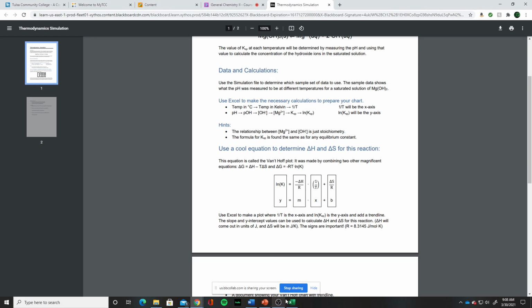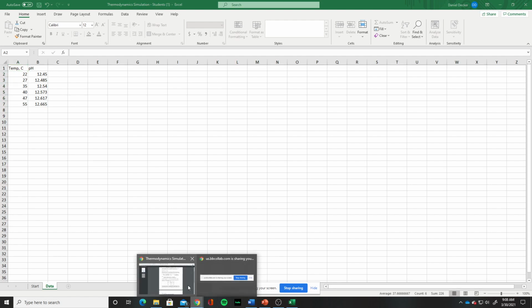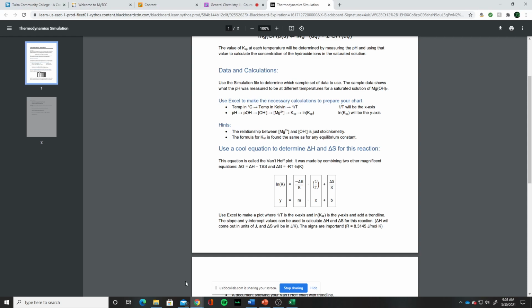So in the lab data, we are given the temperature in Celsius, and hopefully you are fairly comfortable converting the temperature in Celsius into Kelvin. That should be something you've done many times up to this point. I'm just going to add 273, or if you prefer 273.15.